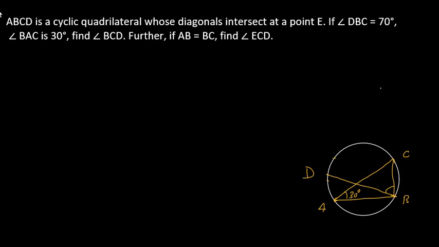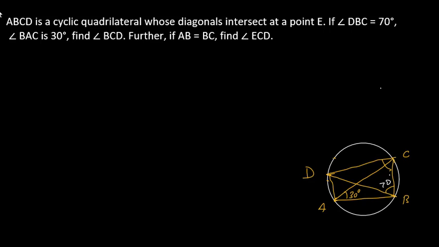Here it is 70 degrees. I can join this side and this. So my ABCD is a cyclic quadrilateral, and these two angles are given. We have to find angle BCD. This whole angle I have to find out. Right.